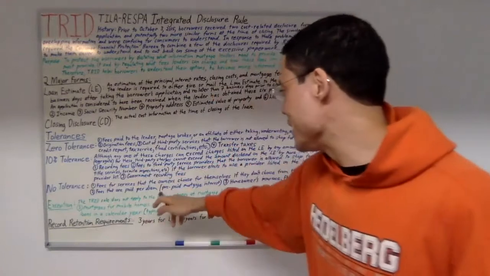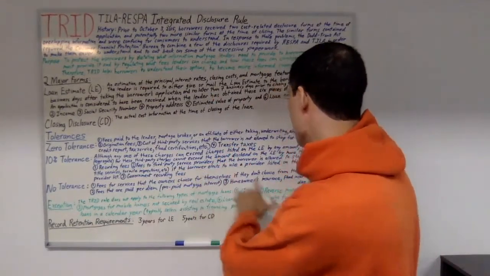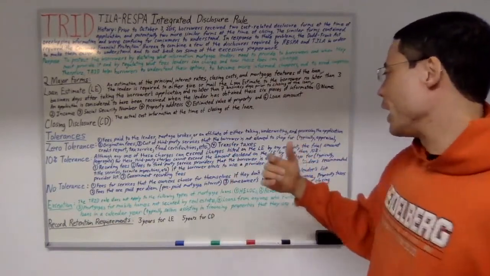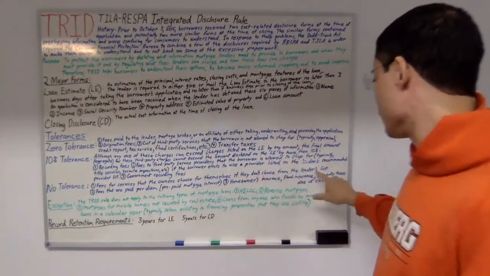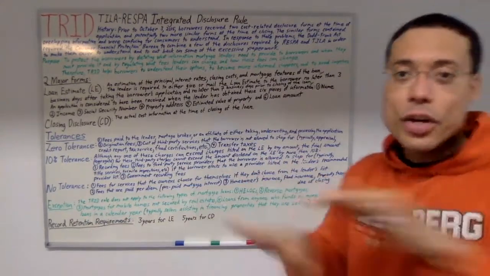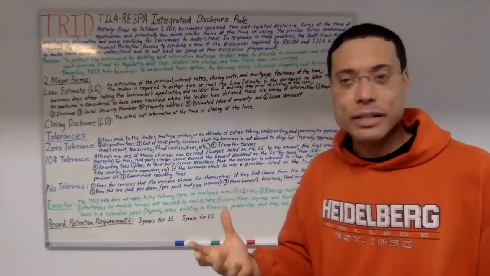But if the borrower is choosing for themselves a service that is not on the lender's list, then there's no tolerance requirement for that cost.